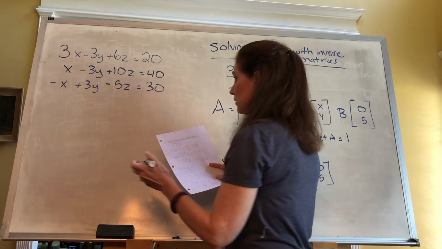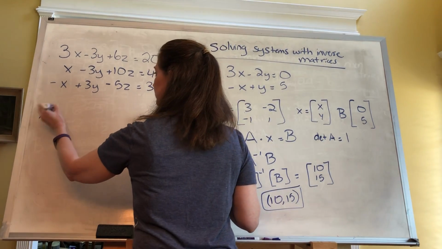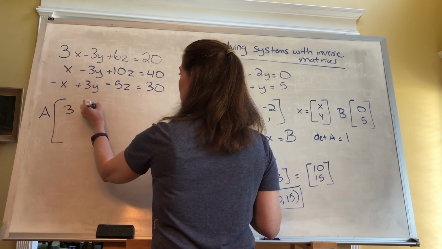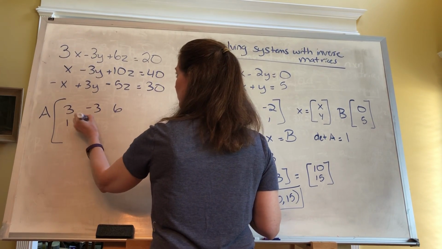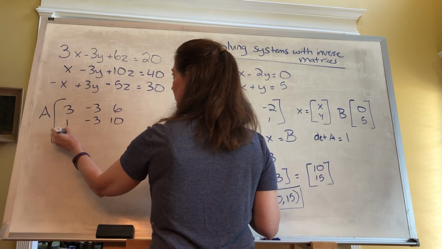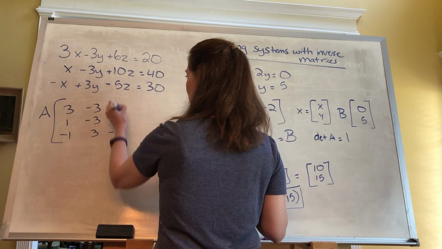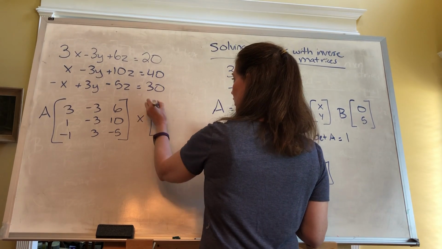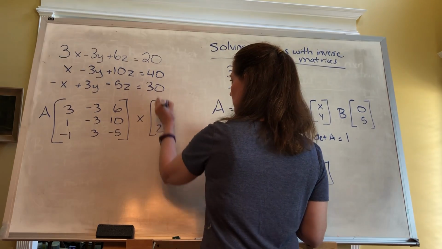Okay, so setting up our matrix, we're just going to pull off the coefficients. And then our variables are x, y, and z.